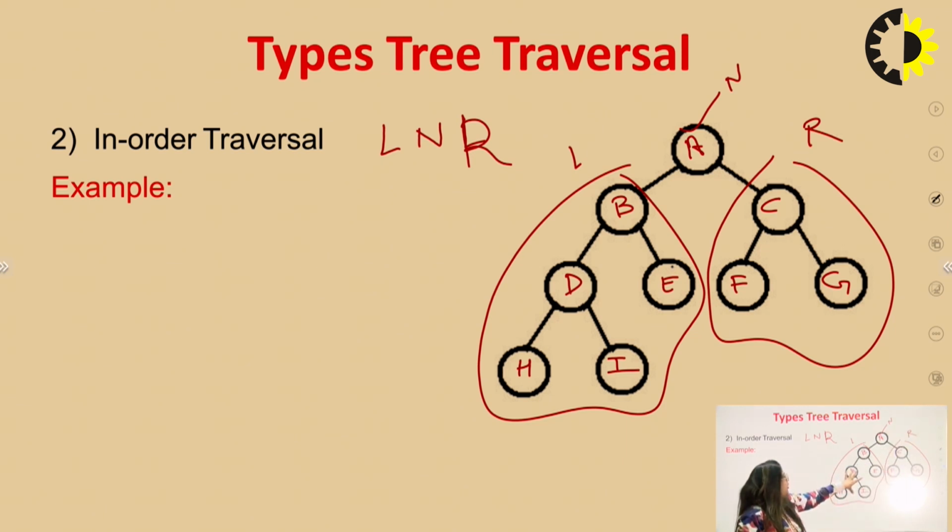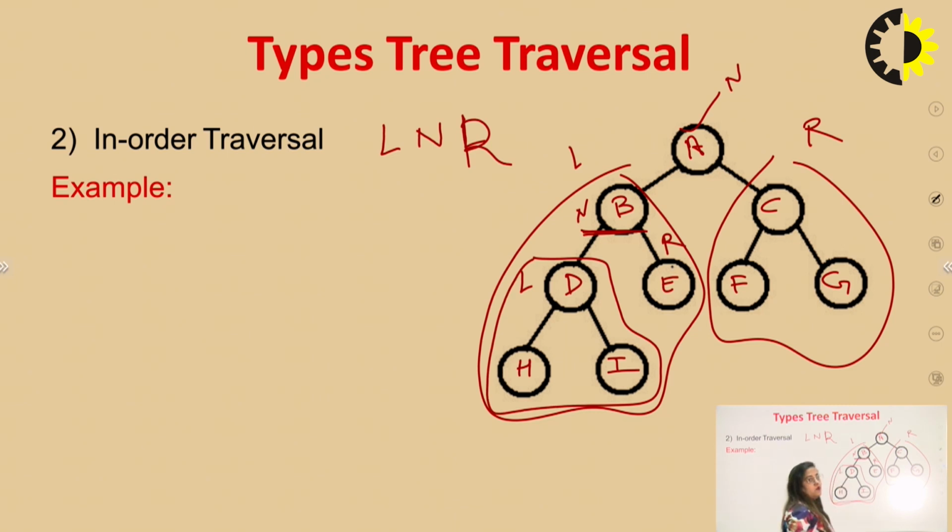So according to this, when it comes to the left subtree, it also works as a simple binary tree. This is called the N part, the root node, with its left subtree and its right subtree. Now comes this part.